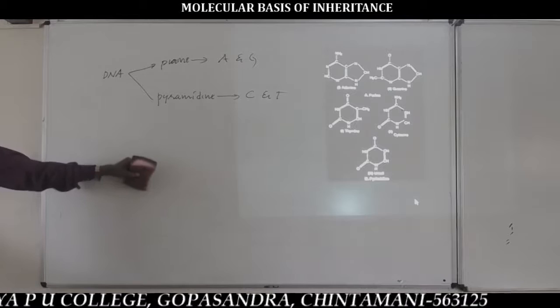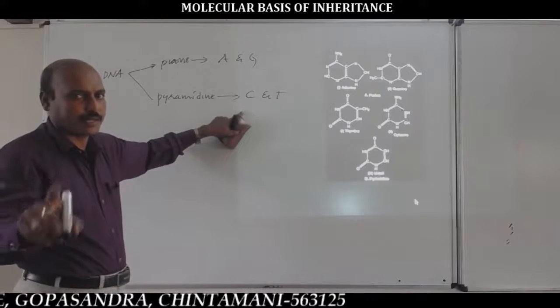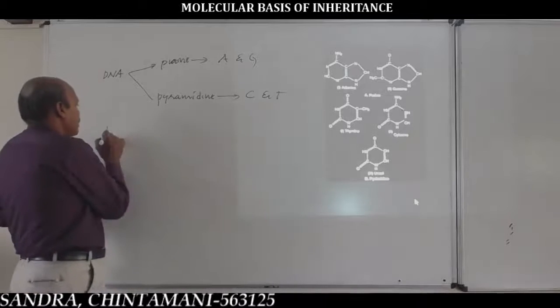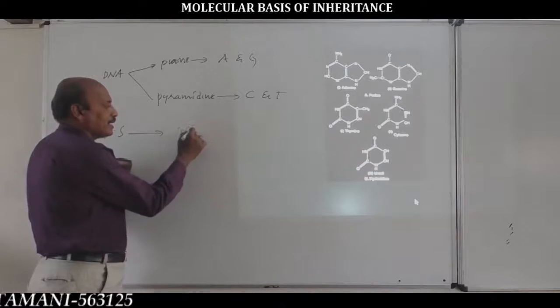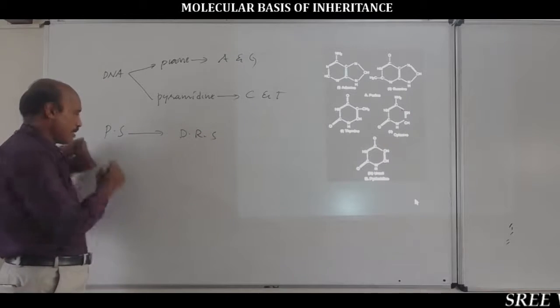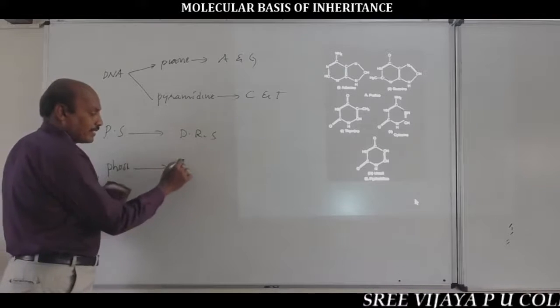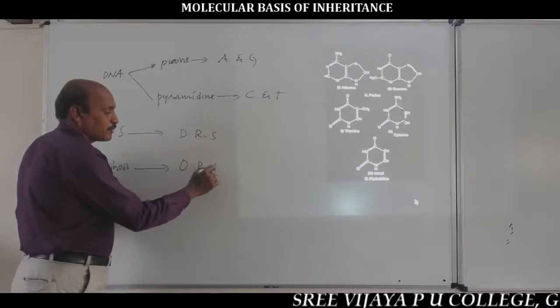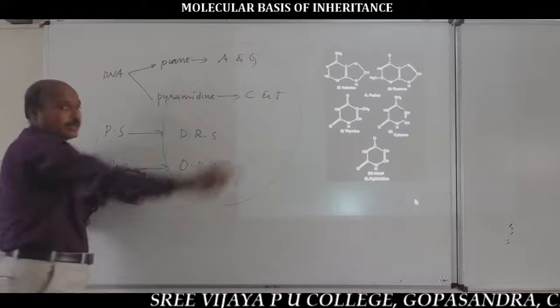That is, uracil is absent in DNA. The pentose sugar present in DNA is deoxyribose sugar. And the phosphate group present in DNA is orthophosphoric acid. This is the total chemical composition of DNA.